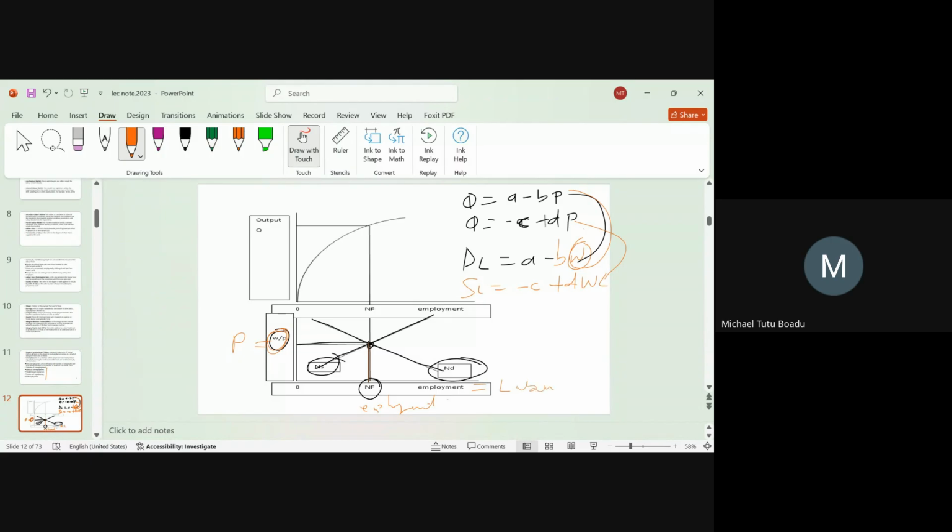So how does this equilibrium condition influence the amount of output that the firm can produce? If a firm wants to produce the highest quantity, then it should be at a point where the number of people you want to hire is equal to the number of people you have hired.